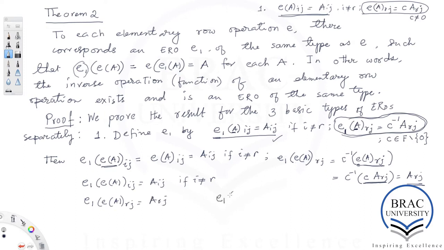It means that E1 of E of A is equal to simply A. Okay, similarly one can show that E of E1 of A is equal to A, for type 1 elementary row operation E. Okay, so we are done with the first type.